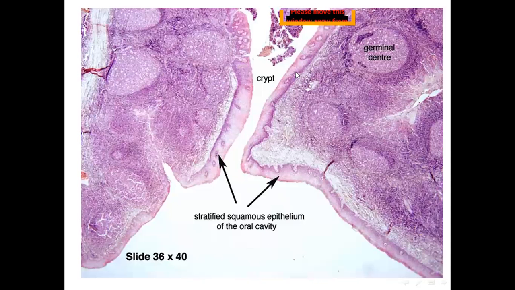Here is a close image of the stratified squamous epithelium of the palatine tonsils and the invagination of the crypt, which is like a cleft from this epithelium into the parenchyma of the tonsil, and the parenchyma contains lymphoid follicles with germinal centers.